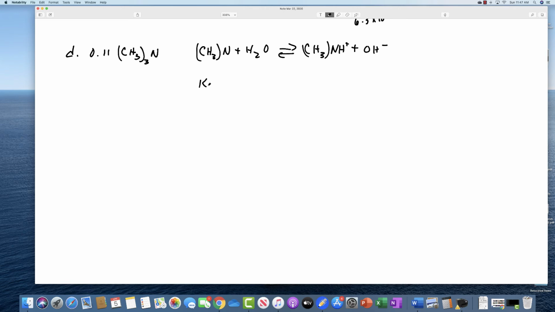And the Kb for this, if you look at the table back here, is the bottom one, triethylamine, 6.3 times 10 to the minus 5. So the Kb is 6.3 times 10 to the minus 5.